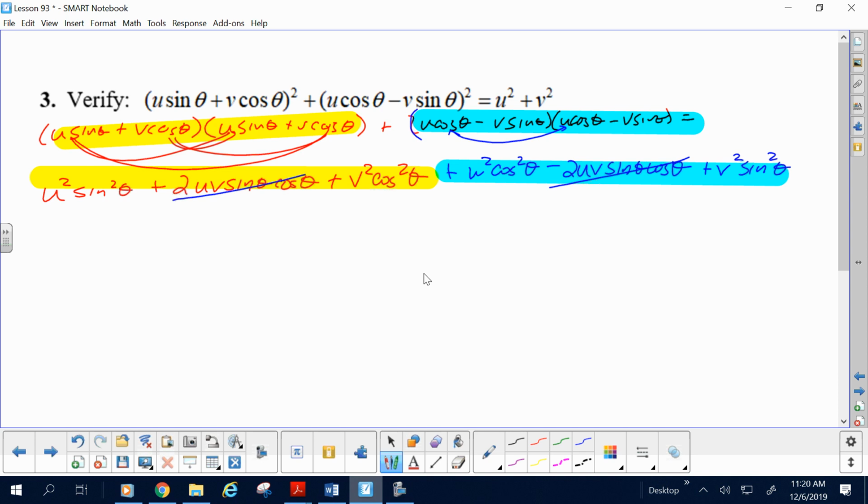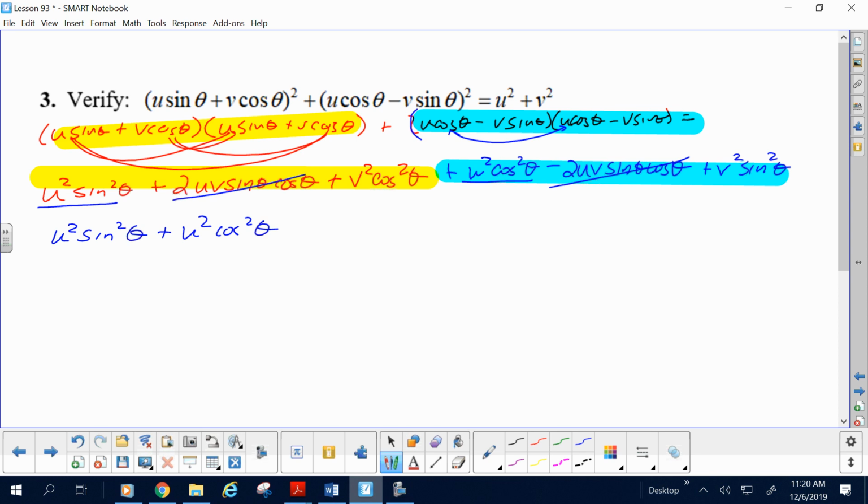Now, I think it was Aubrey that said sine squareds and cosine squareds together. Do you agree that in addition, we can switch the order whatever way we want? So I'm going to put these two guys together, and the reason is that they both have a u squared. I could see where you're coming from if you were saying, hey, put the cosine squareds together.